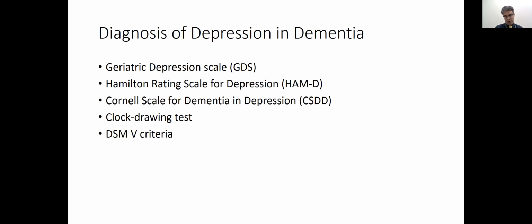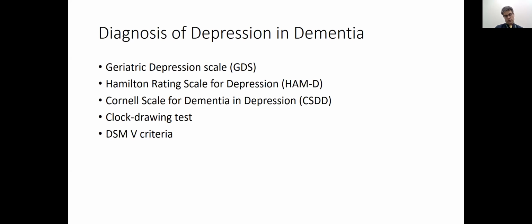You can always use the Hamilton Rating Scale for depression, or the HAM-D as they abbreviate it. That one has been shown to be fairly effective in diagnosing depression in dementia, and so would be a good scale to use. It's more of a caregiver-based approach, and so that's helpful from that side of things.